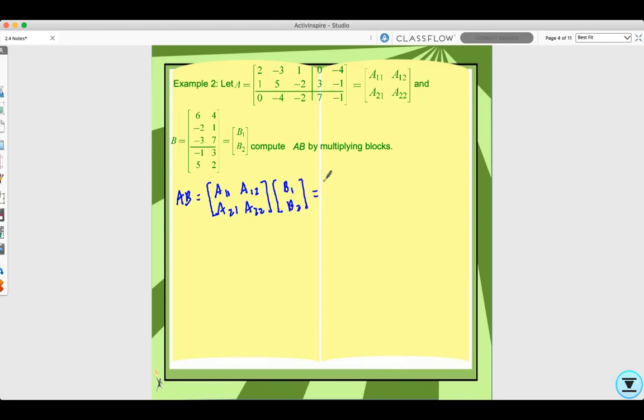And I'm going to do the multiplication here to get my matrix. So when I multiply this through, it'd be A11 times B1 plus A12 times B2. And then I would have A21 times B1 plus A22 times B2.